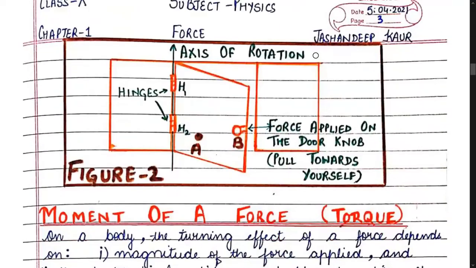So children, kindly see figure number 2. In figure number 2, we will be applying a force at the knob of the door. So this is the door, the knob of the door. Pull this door towards yourself. This is the direction of force applied.